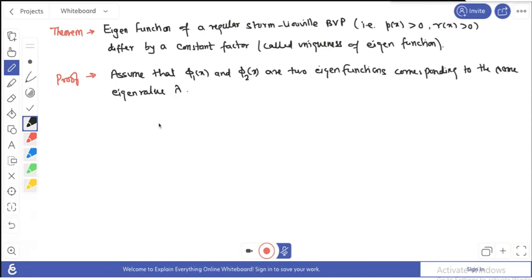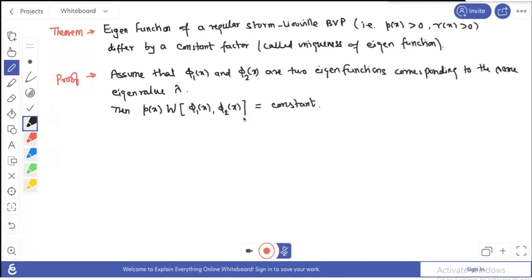Then by the previous theorem, you know that p of x times the Wronskian of these two solutions, the Wronskian of phi1(x) and phi2(x), you have already proved that it equals a constant.